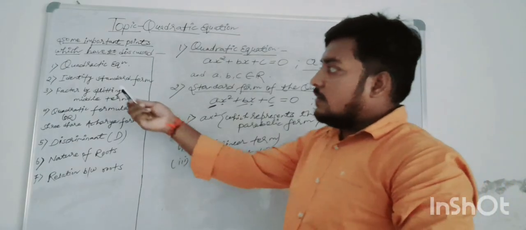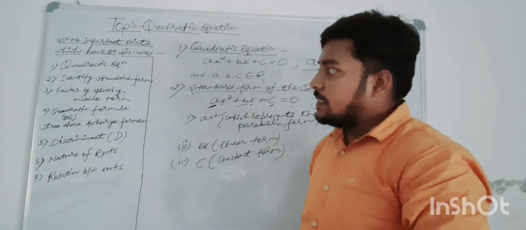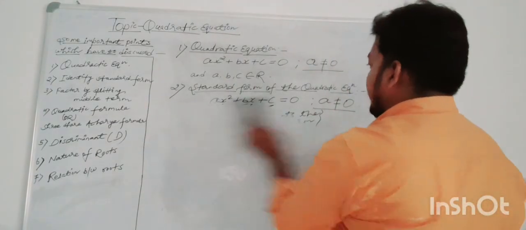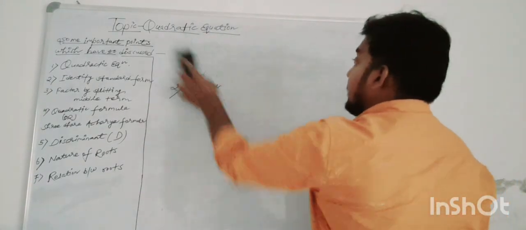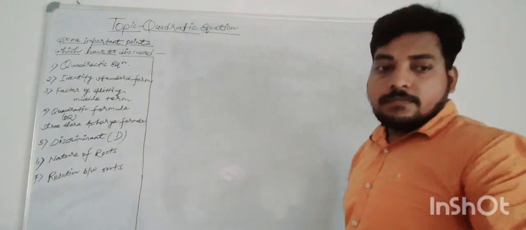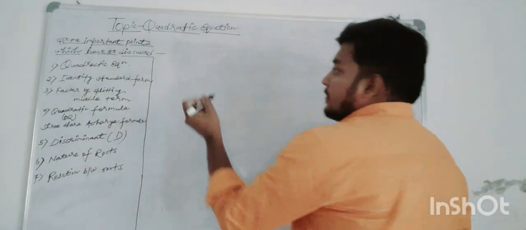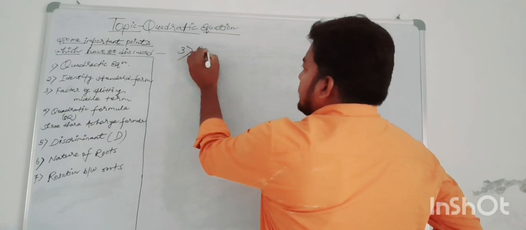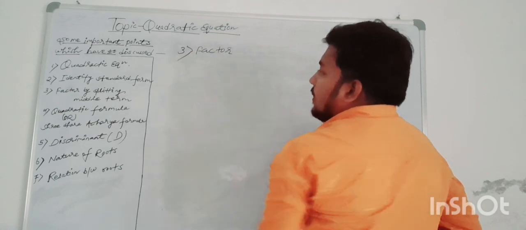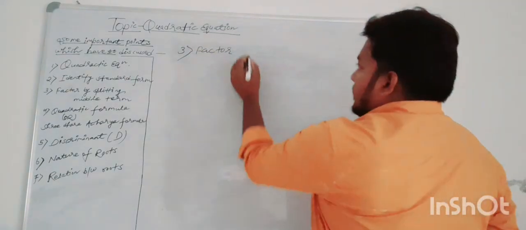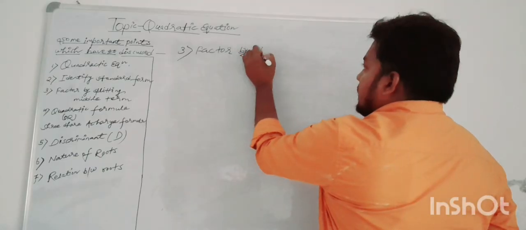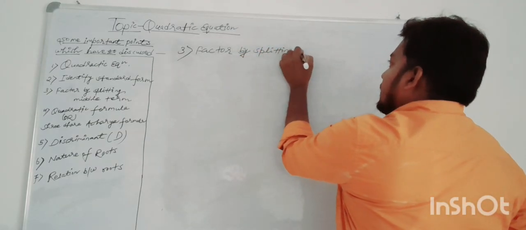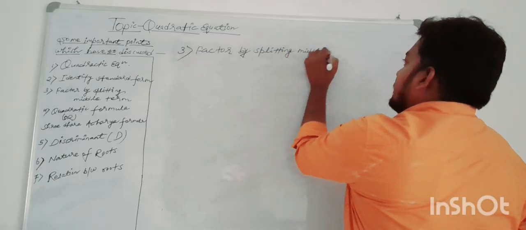Now we discuss factor by splitting middle term. Third is factor by splitting middle term.